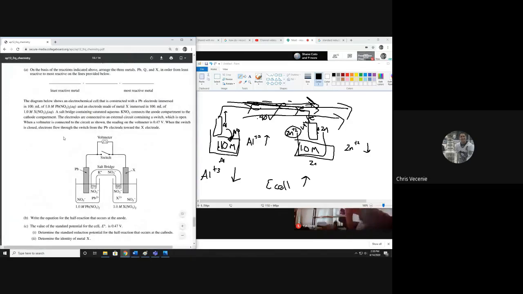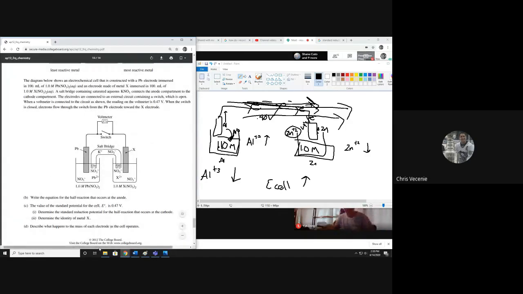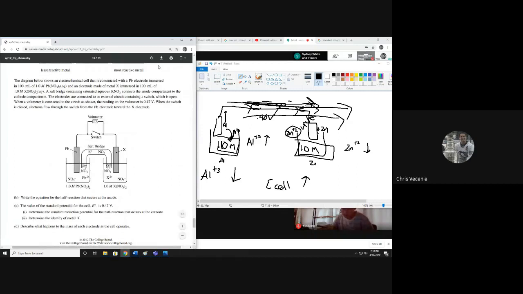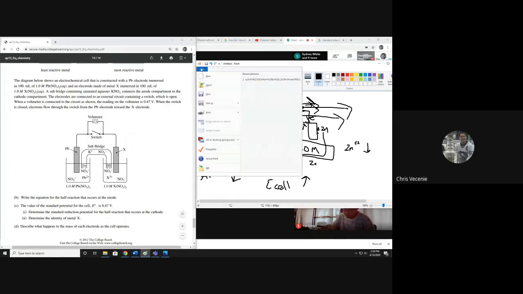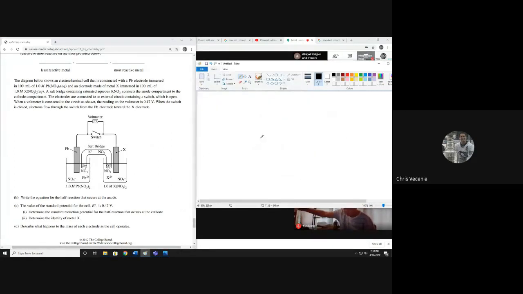All right, so this guy here, don't worry about the top half. We'll just focus on the bottom, the electrochem part. The diagram below shows your electrochemical cell. You've got a Pb electrode immersed in 100 mL of 1 molar Pb(NO3)2, and some electrode of metal X, which we don't know, and 1 molar of the X+2, which we don't know.